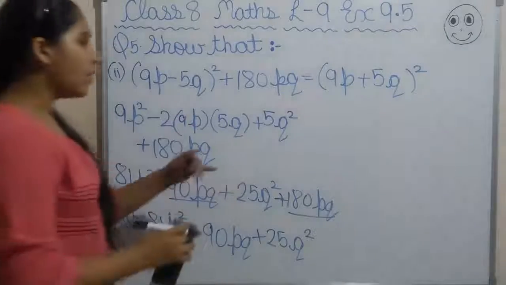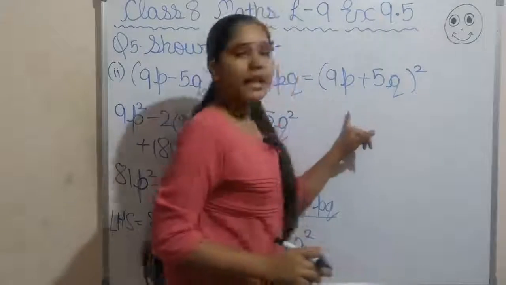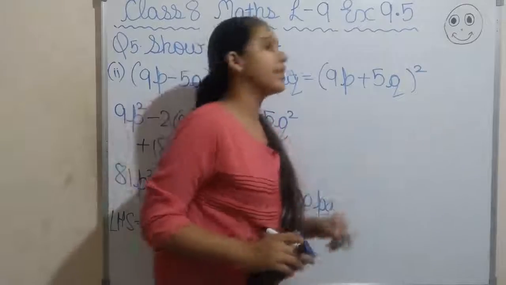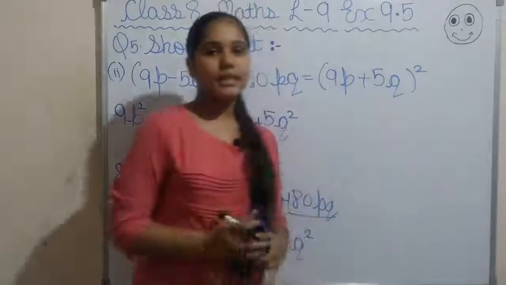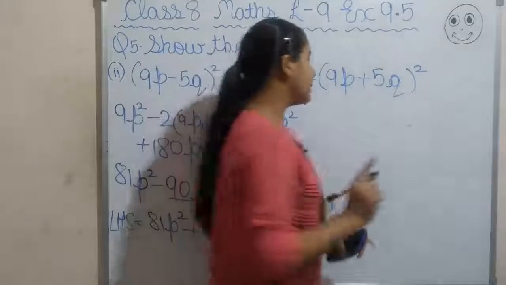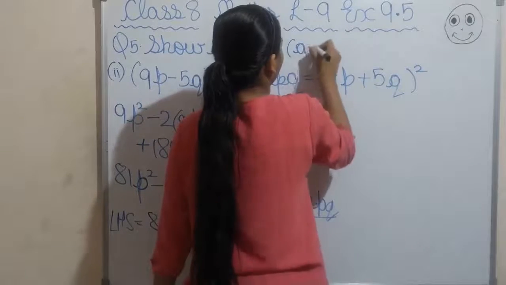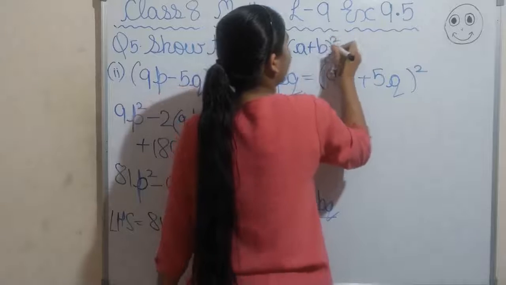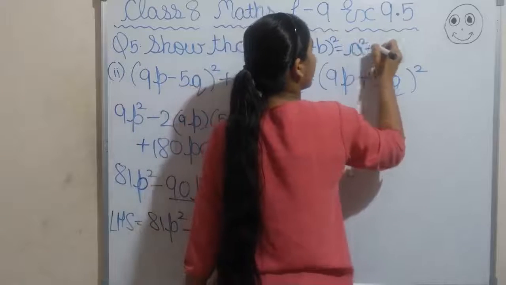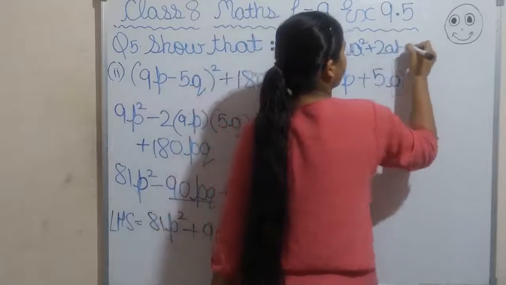Let's now solve the RHS. The RHS is (9p plus 5q) whole square. The first identity is going to be used because there is a plus sign. So I write this identity here: (a plus b) whole square is equal to a square plus 2ab plus b square.